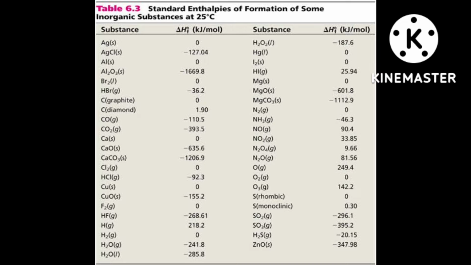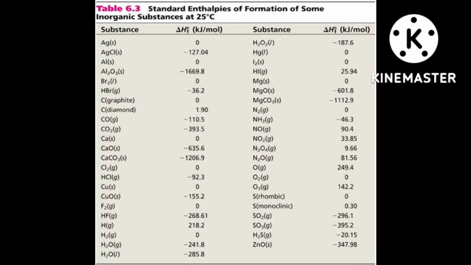Now I am coming to aluminum oxide, Al2O3. Keep pen and paper with you; you can note down the important things. Aluminum oxide has a very high value: minus 1675.7 kilojoule per mole.